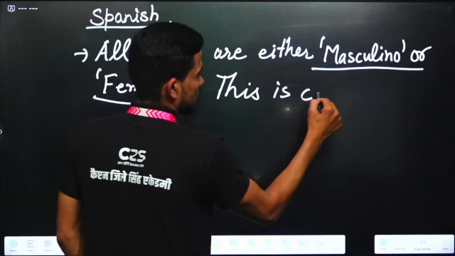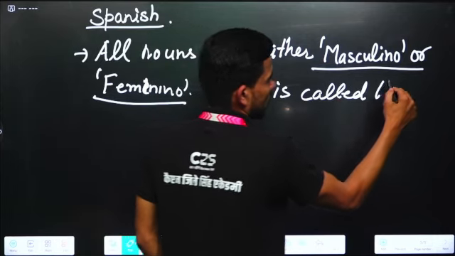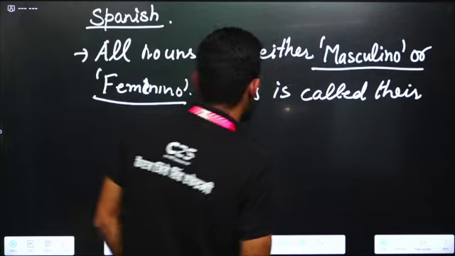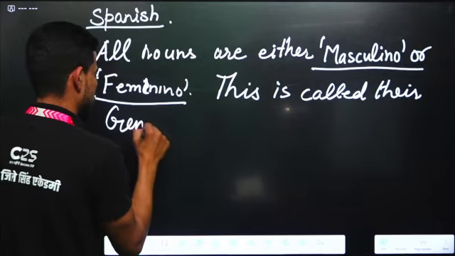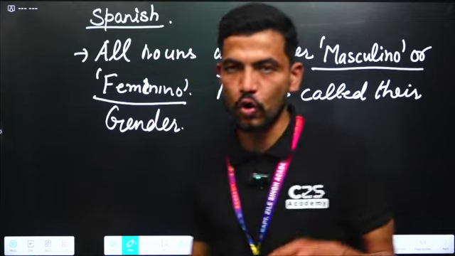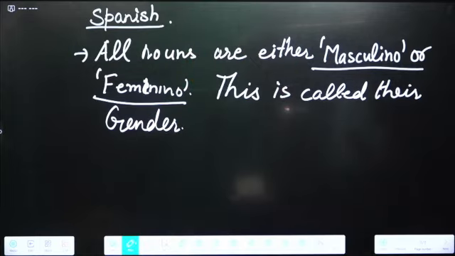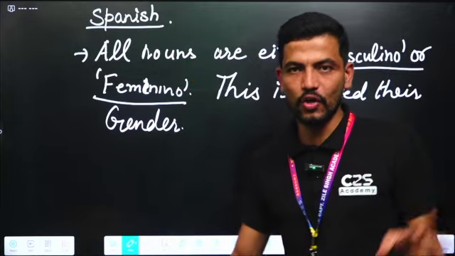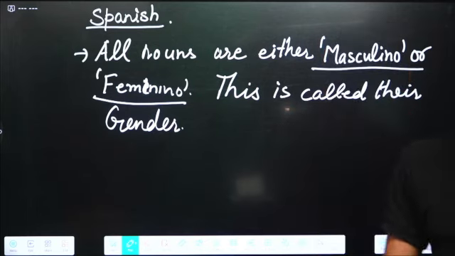This is called their gender, male or female. So in Spanish all nouns are either masculino or femenino, and this is called their gender.